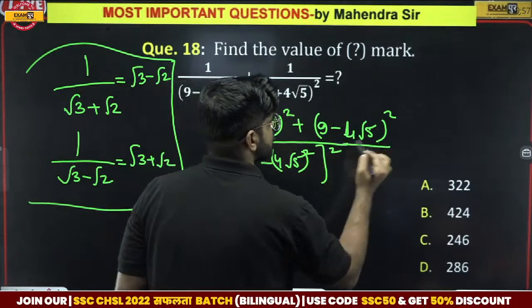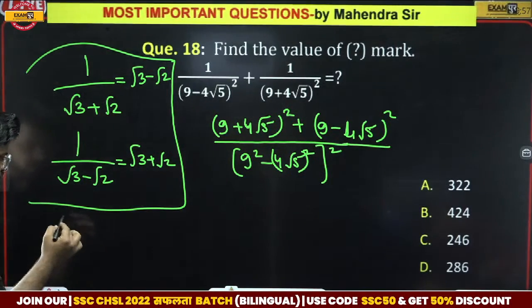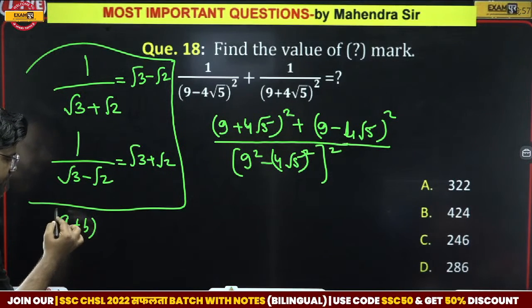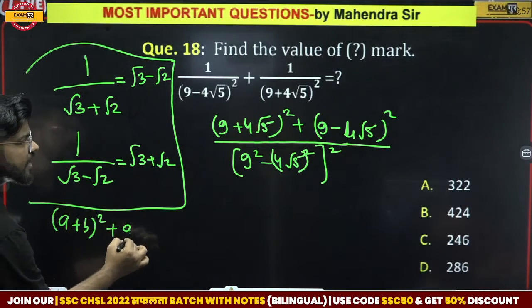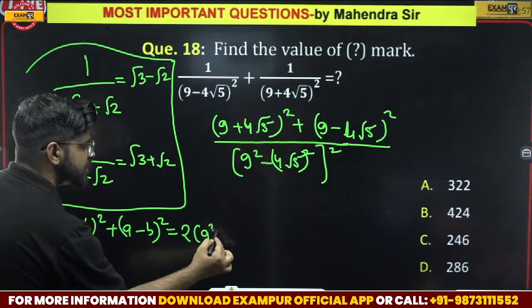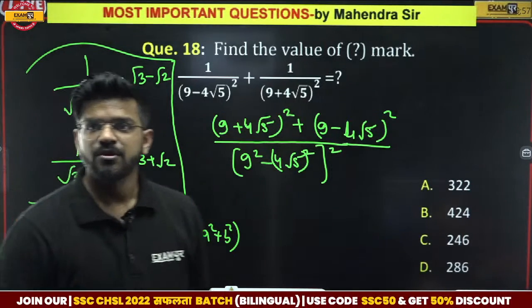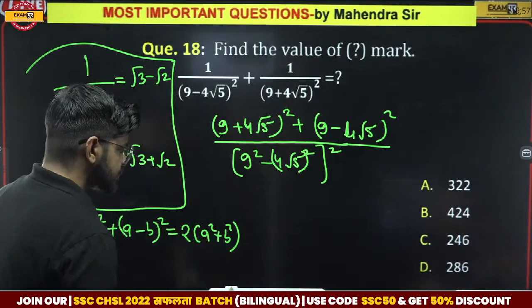So this is in the numerator, and now we have to solve it. We know that a plus b whole square plus a minus b whole square is equal to 2 times a square plus b square. We know that already, yes or no? If you know that, you can easily solve this question.